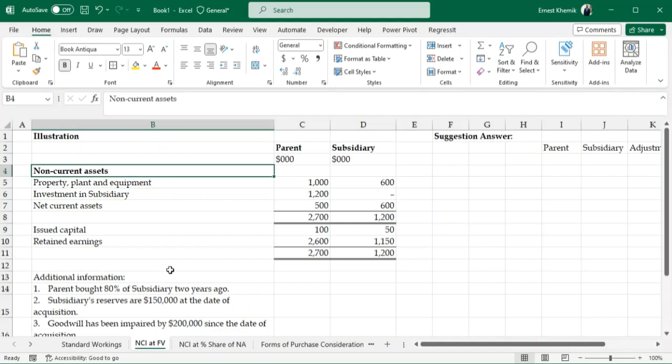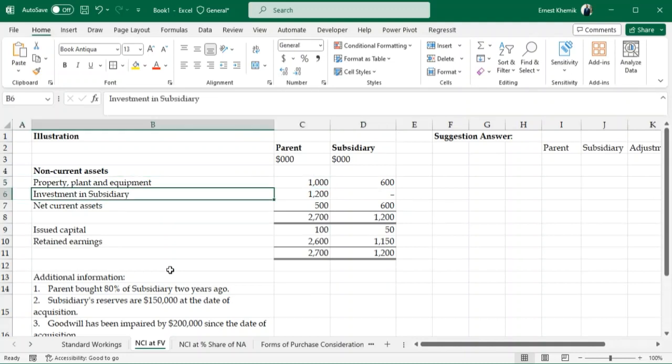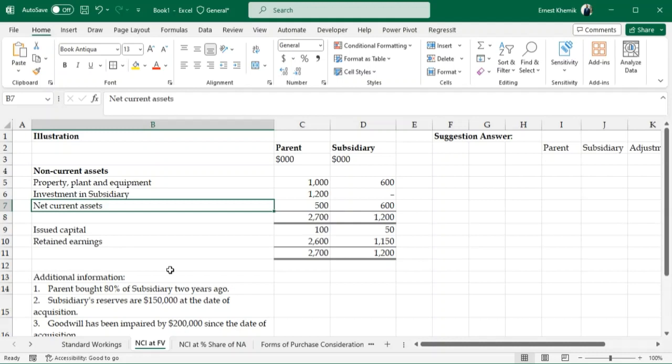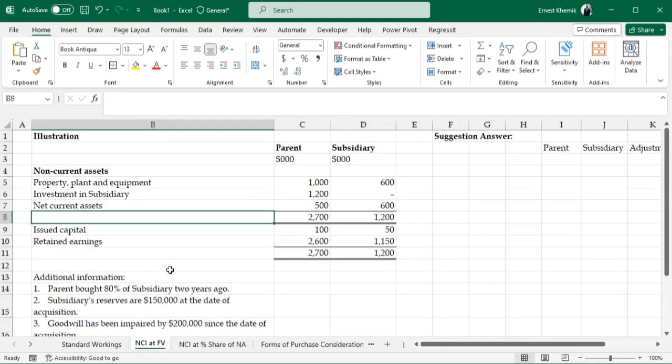Alright, so we have the non-current assets here, which comprise property, plant and equipment for the parent and then for the sub. Then we have investment in the subsidiary, which is 1,200 here. Then we have the net current assets, which is our current assets less our current liabilities, both for parent and the subsidiary.